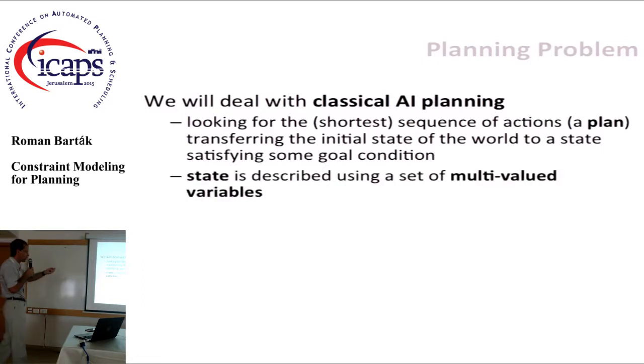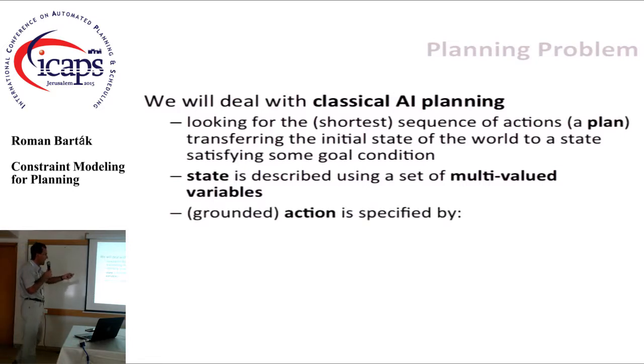Okay, so the major difference from, let's say, classical PDDL models will be that I will be designing the models for multi-valued variables. So rather than predicates which are true or false in a given state, I'll be using variables like location of the robot, and the values of the variable will define the particular location, and values of all these variables will define the state of the world.